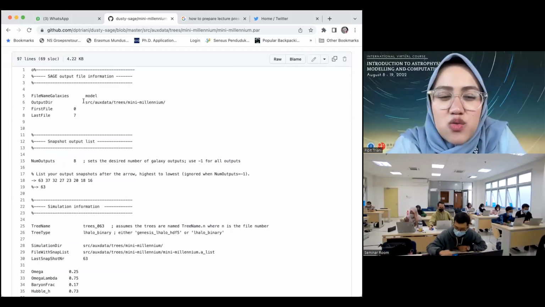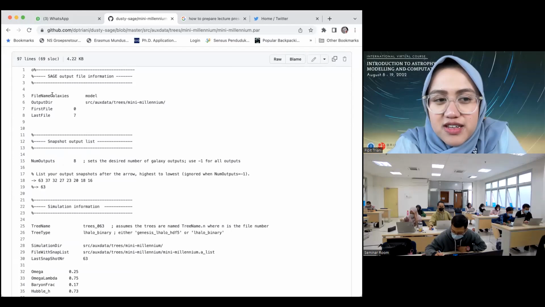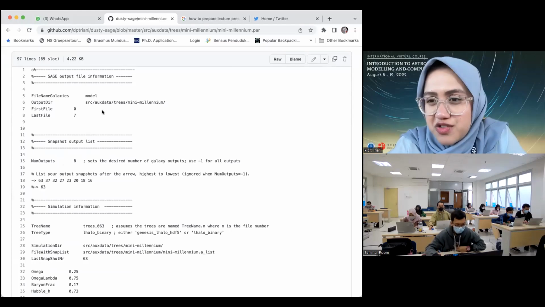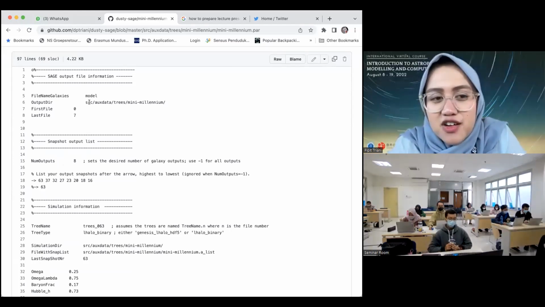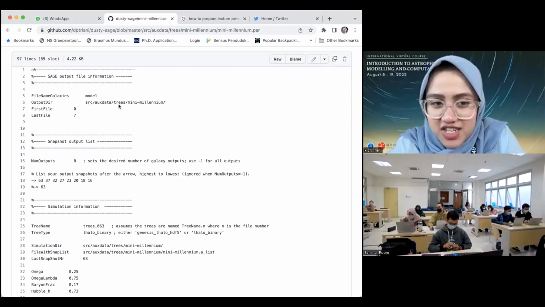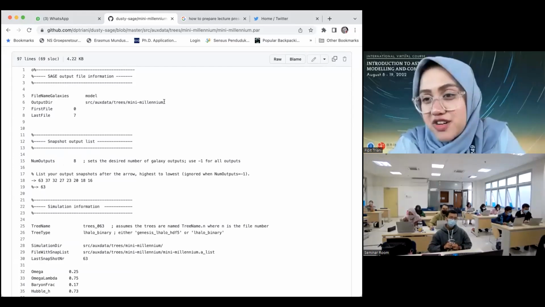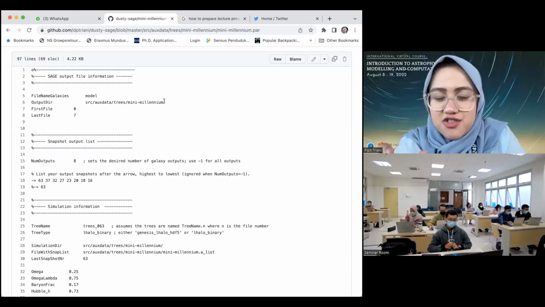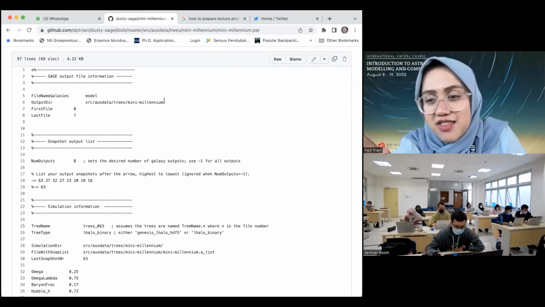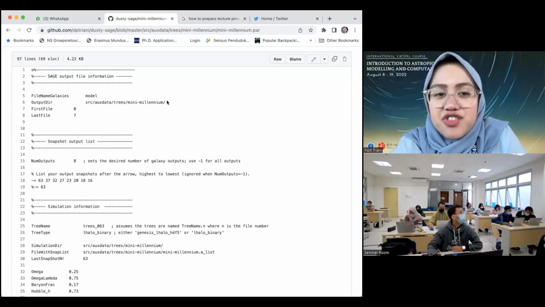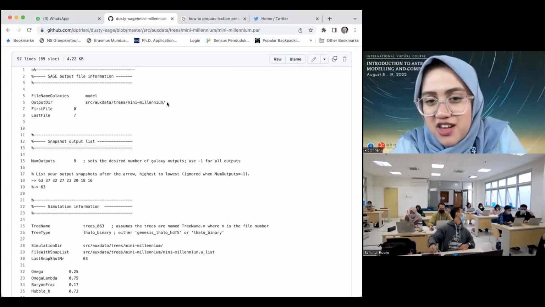What you need to make sure is that the output directory exists. Here I use the source/aux data trace minimillennium directory. But if you want to put the results in another directory, you make that directory and put the path to it here.